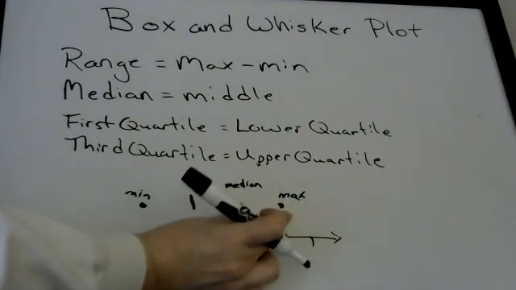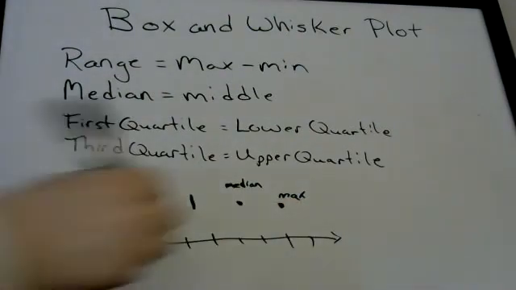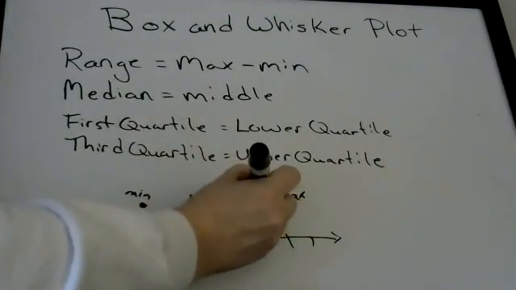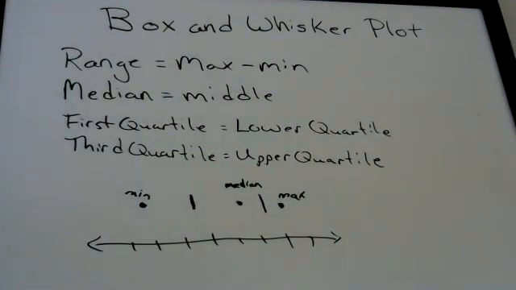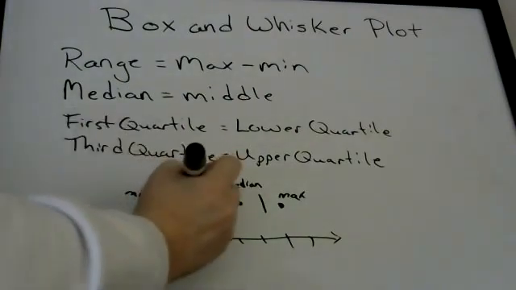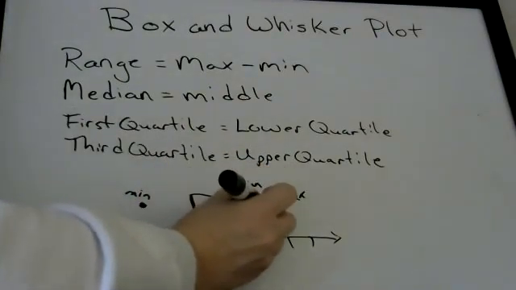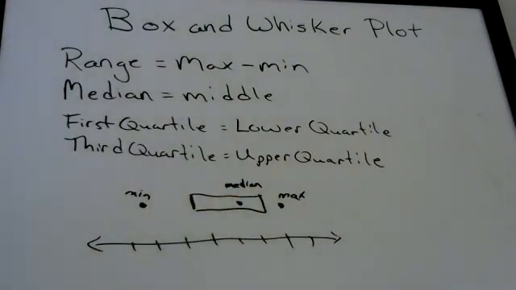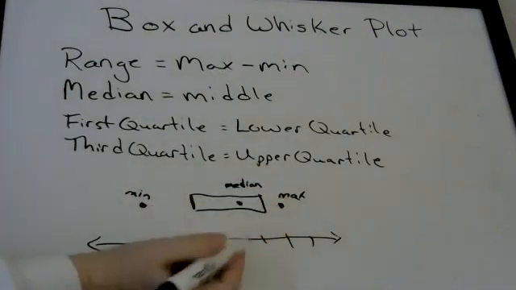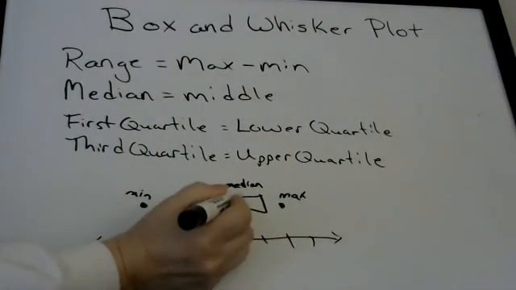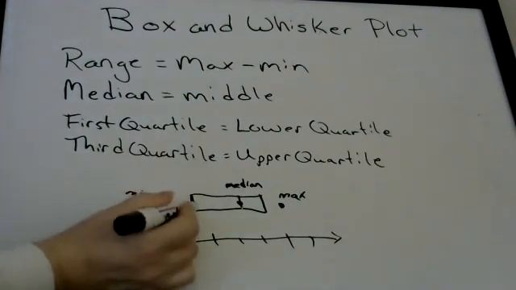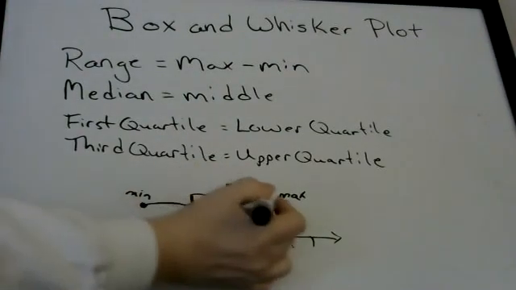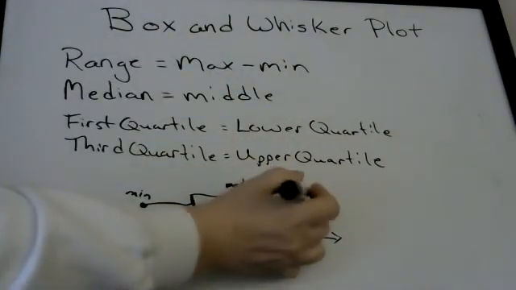And then you're going to look at the data on the other side and divide it in half, and that's going to be your third quartile. And you make this into a box. And then you draw a line for your median. You're going to draw a line straight up and down. That indicates the median. And then you just draw these whiskers out to the minimum and maximum.